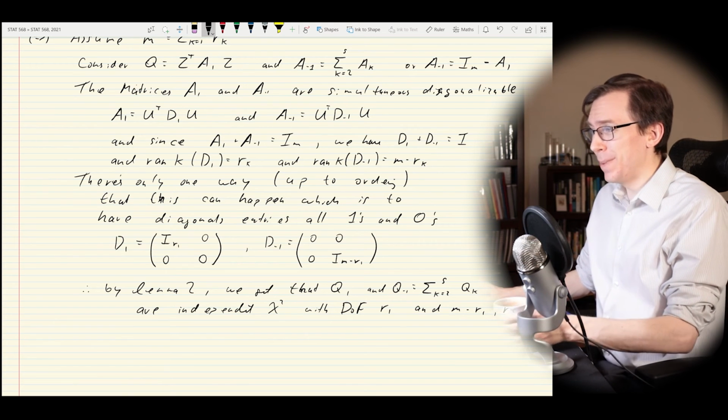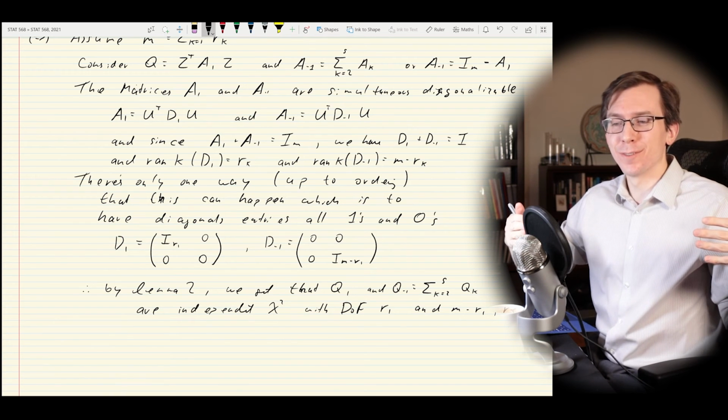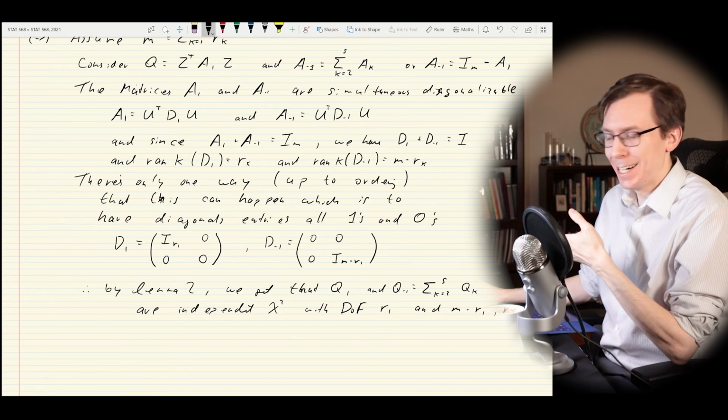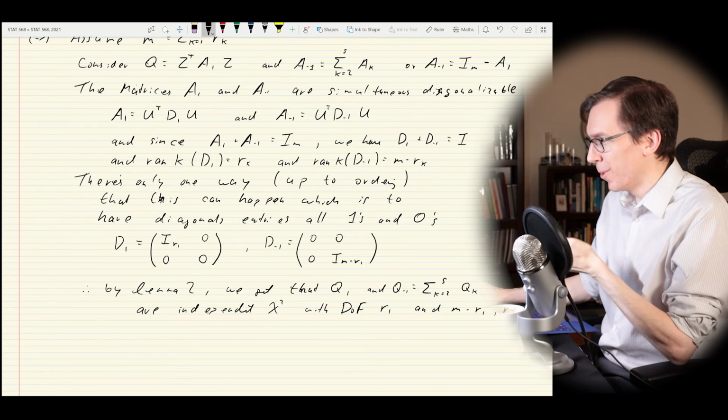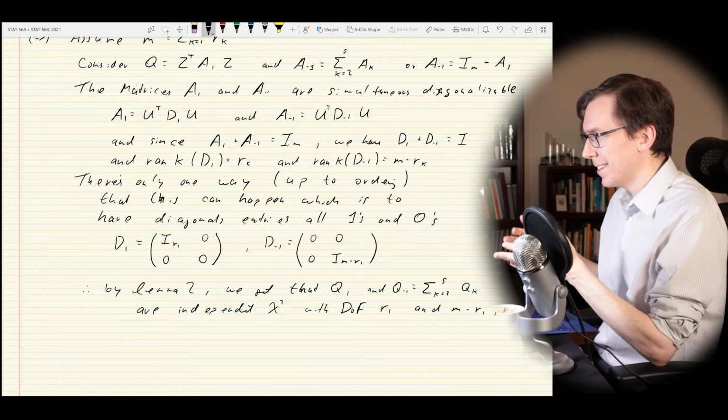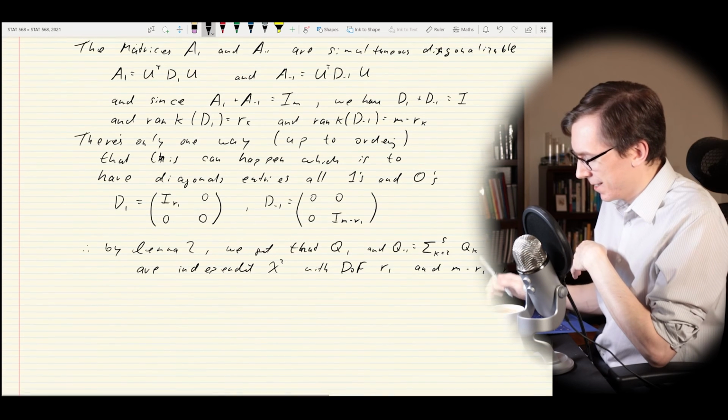Okay, so basically we did Cochran's theorem, but for a single matrix A1.